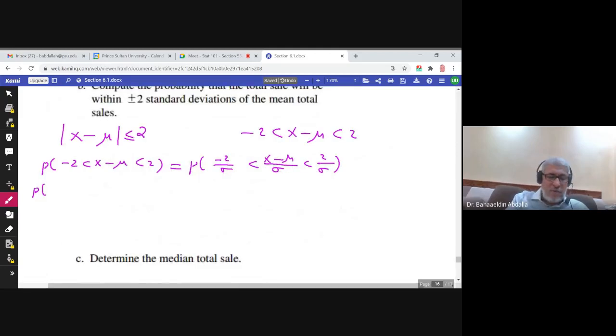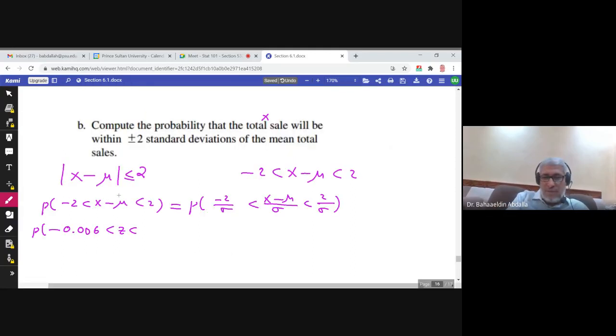So -2 over 350 is a very small number, negative. If you use shift eng here twice, it would be -0.0057, less than z, less than 2 over sigma.